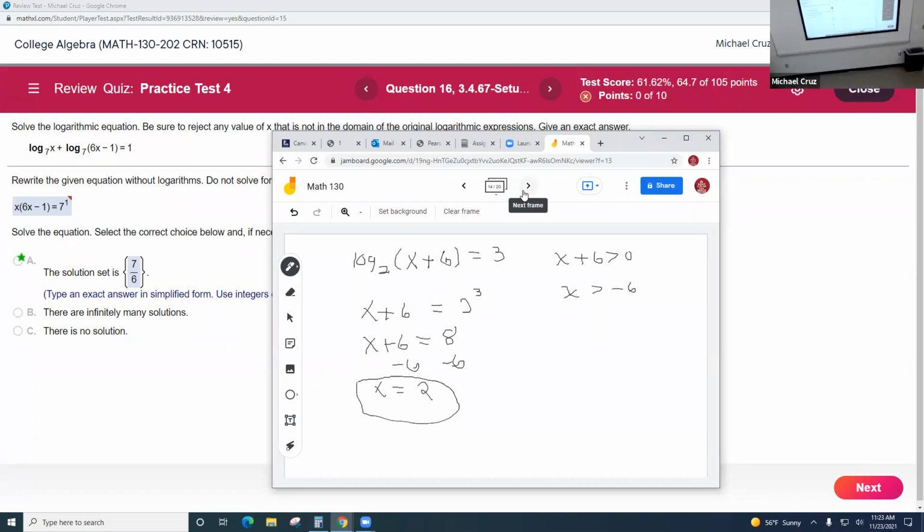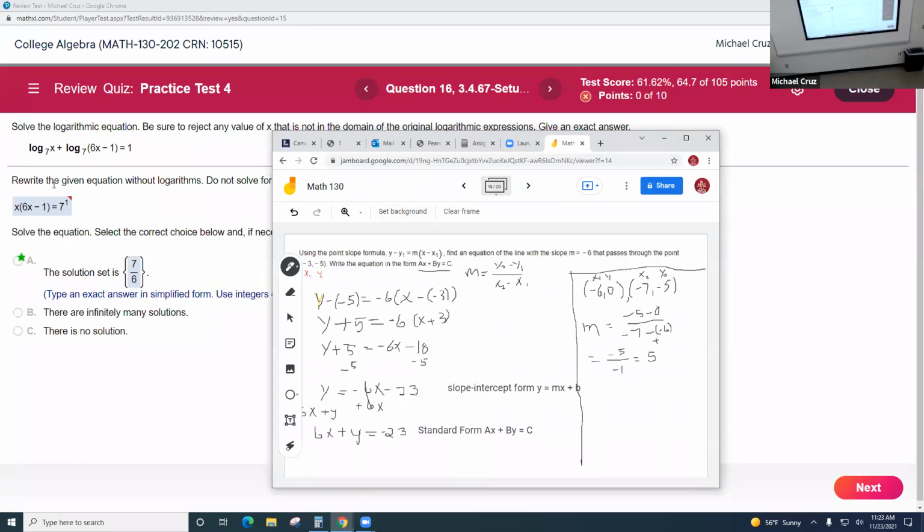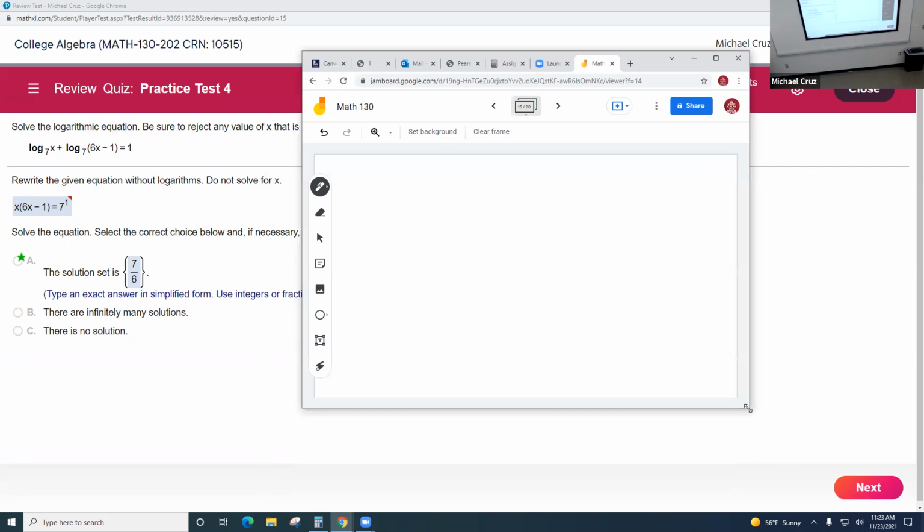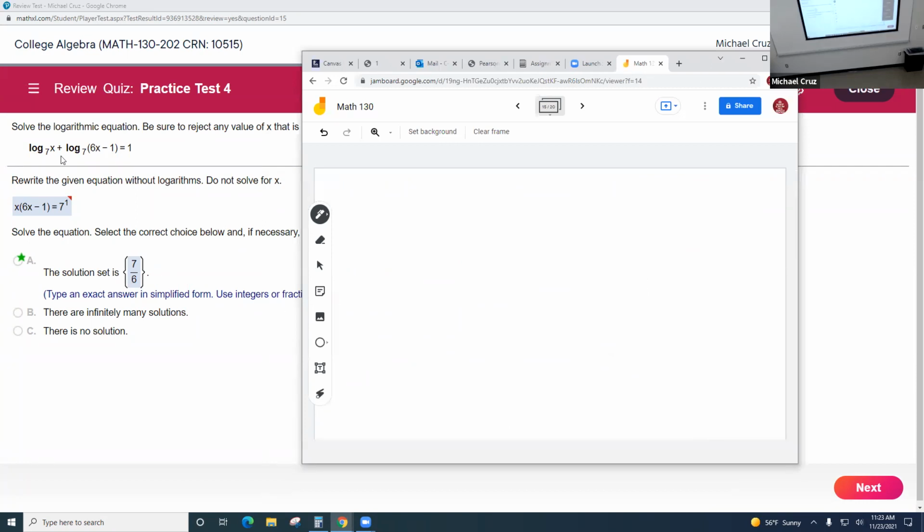All right, so again, we're going to use the product rule to put these two together. See that's log 7. So that's log base 7 of x times 6x minus 1 is equal to 1.